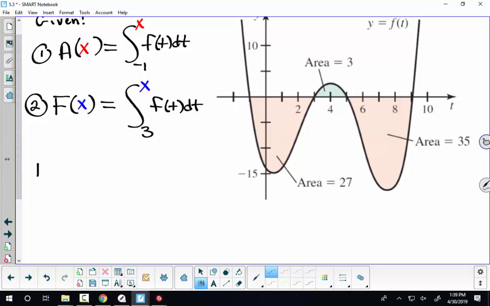Let's find capital A of 3. Each one of those tick marks is 1 unit. So what is capital A of 3 equal to?